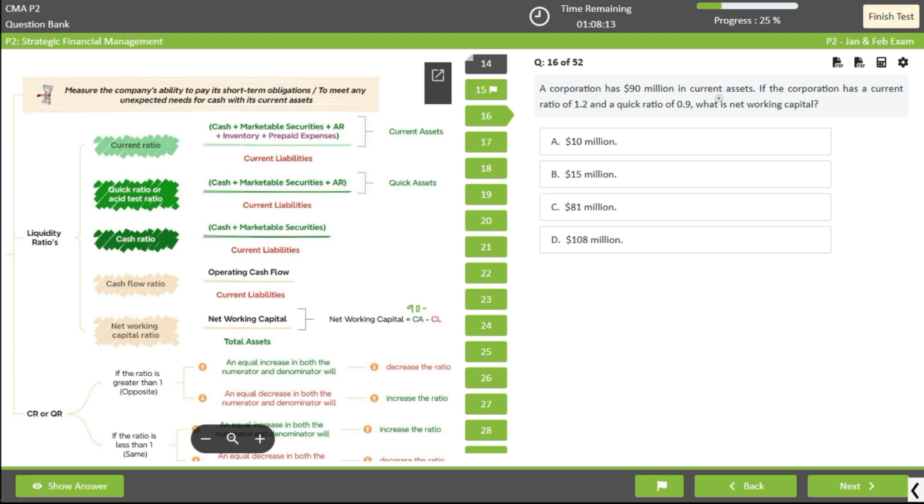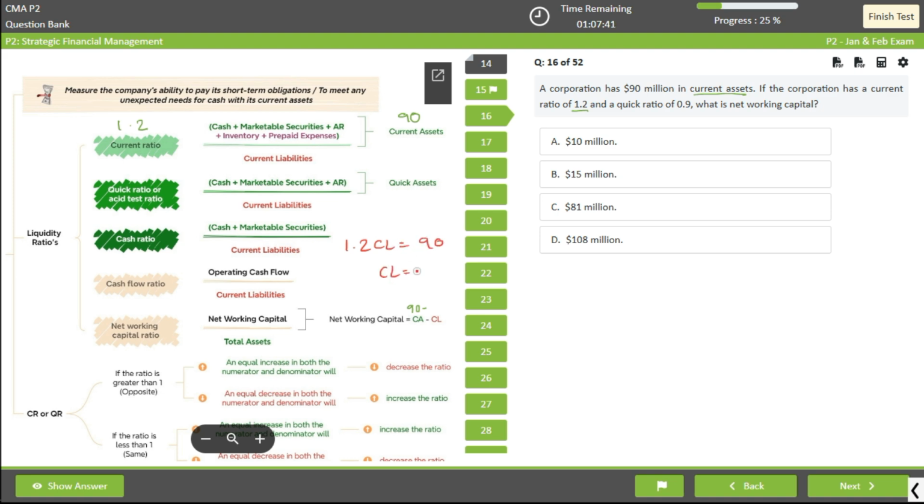Current assets are given, and the current ratio is given. So by using the current assets and current ratio, we can find out the value of current liabilities. The current assets are 90 million and the current ratio is 1.2. By solving this equation, 1.2 times current liabilities is equal to 90.